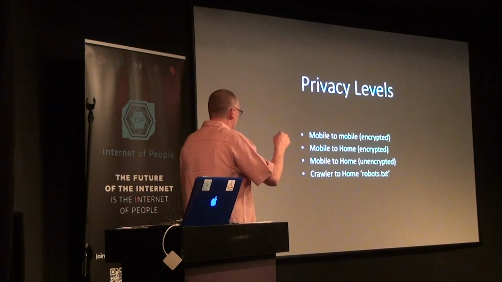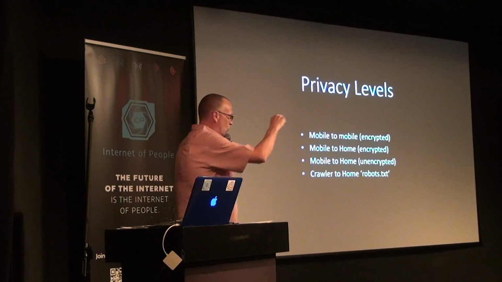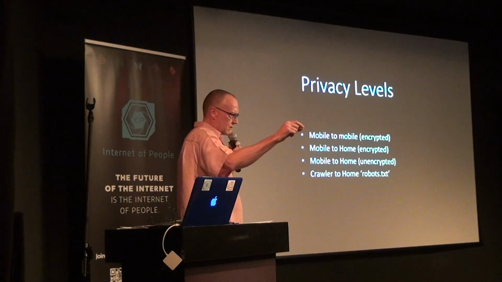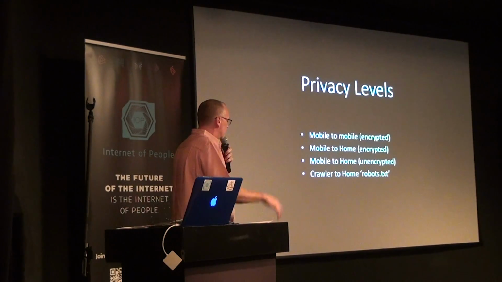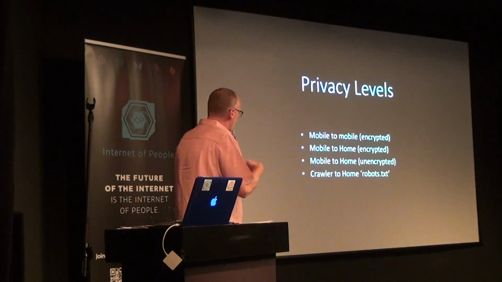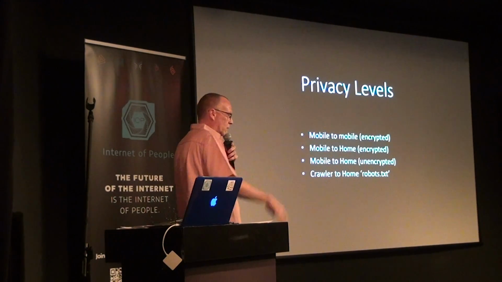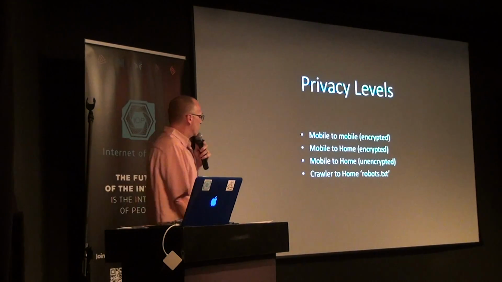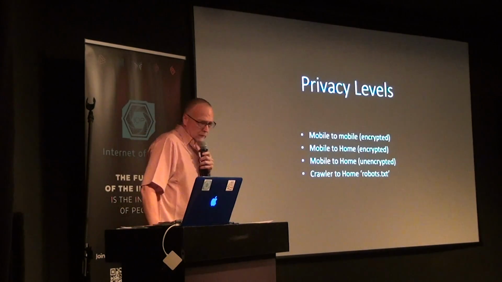But then we've got mobile to home that's unencrypted, which is the ability for the crawler to walk around the network and find pieces of information that those individual profiles have decided to make public. So our goal was in the API to provide a crawler that essentially will walk that network, in the same way that a spider walks the web looking for robot text files, if you're familiar with that.